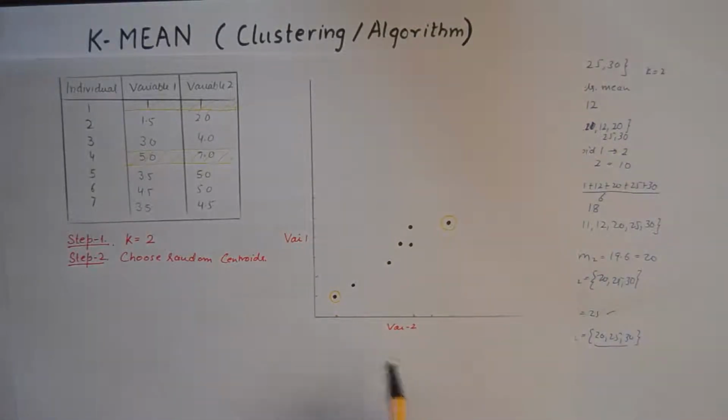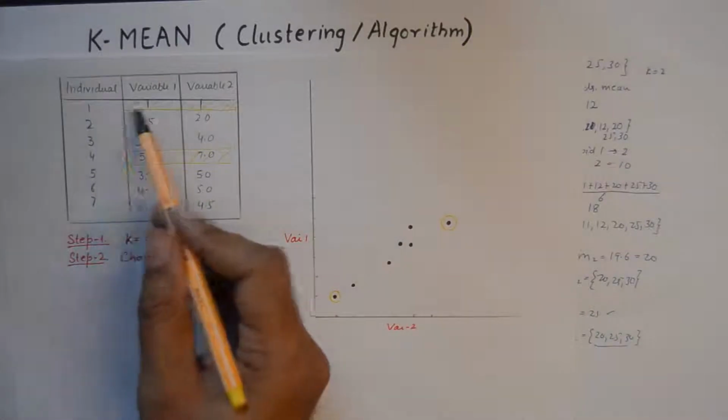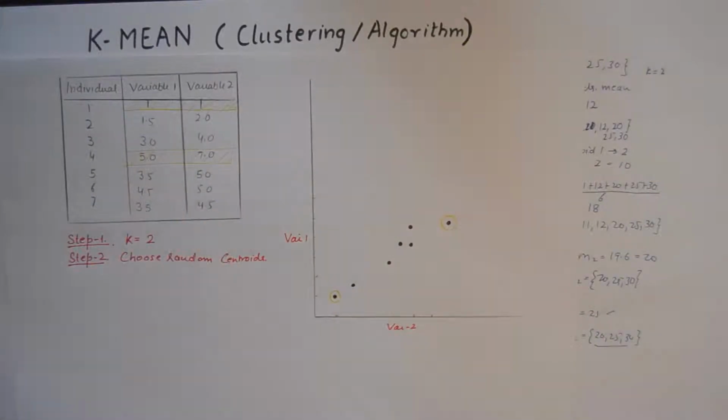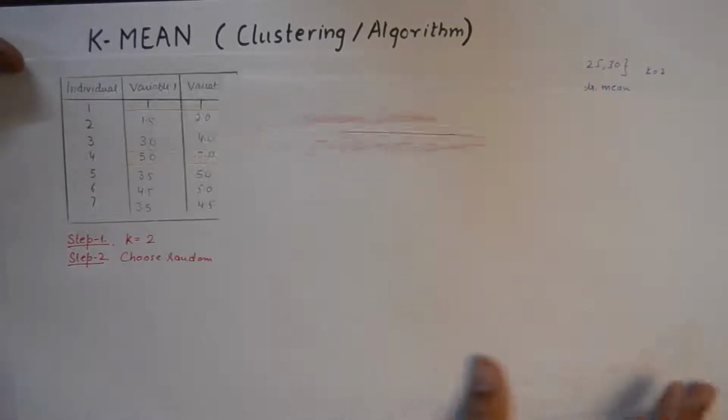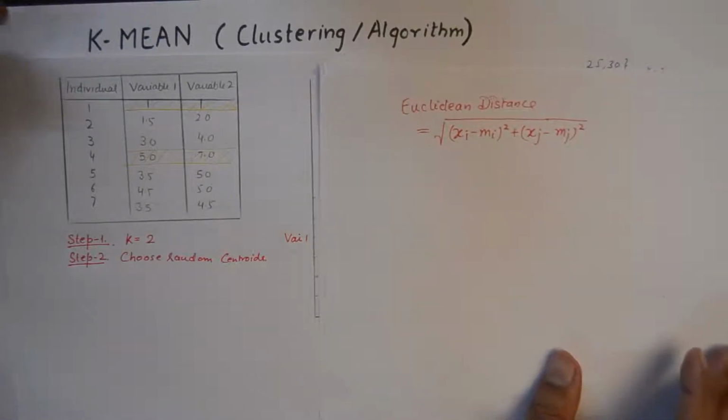Now once you have selected 2 centroids, they could be random. In this case we have selected 1 1 and 5 7. The next point is super important. Then you need to find the Euclidean distance of each data point to the centroid.